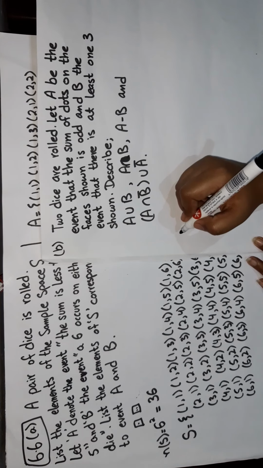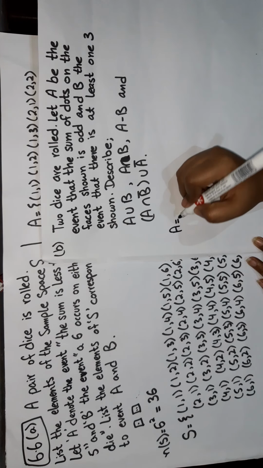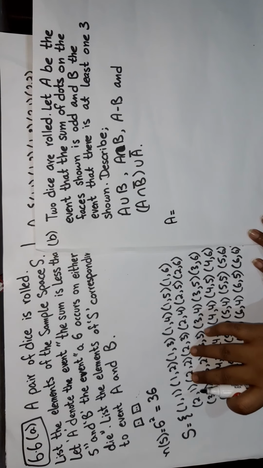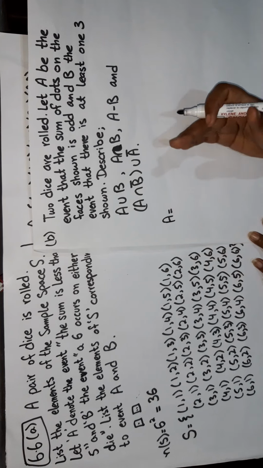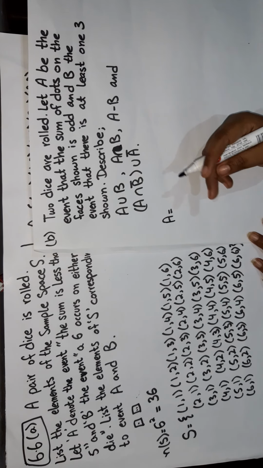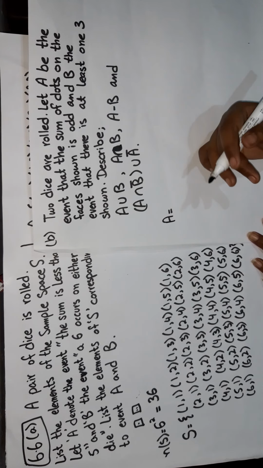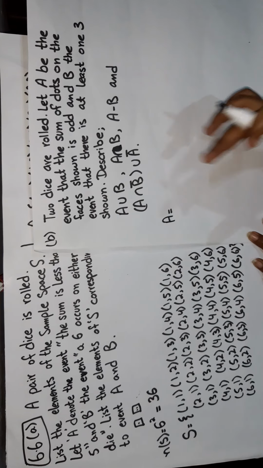So we will use the same sample space as in part A, and here I am not rewriting it, but whenever you solve the question in exams or in a test, in your textbook, in your notebook, you have to write the sample space again.